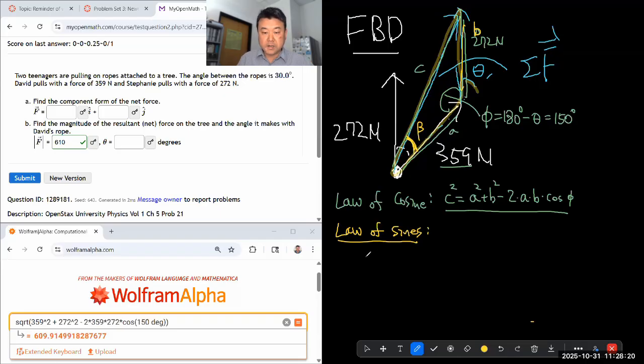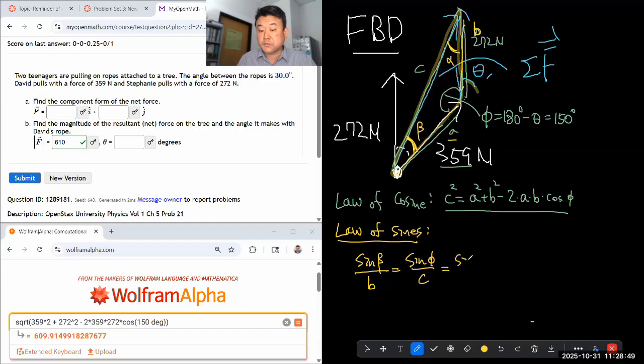So let me write it this way: sine beta divided by b. This is a constant of sorts. If you build the same ratio, like the sine of this phi and the side c, sine phi divided by c, they are equal. And you can also do the same thing with the one last remaining angle, this one. I could call this alpha because it's opposite a.